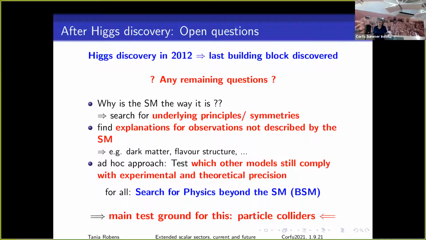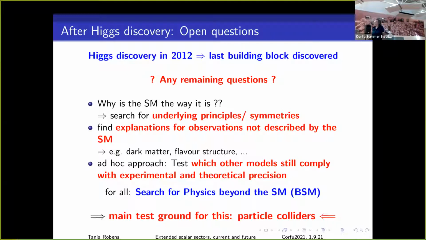So there are some introductory slides. I think I can go very quickly because most of these things have already been said in earlier talks today. So usually one says after the Higgs discovery in 2012, the last building block of the standard model has been discovered. What are the remaining questions? One can ask, why is the standard model the way it is?